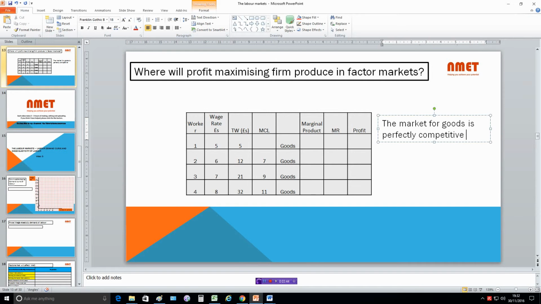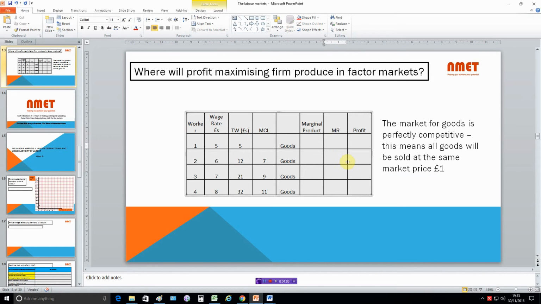What does this mean? It means the demand curve will be horizontal, for the commodities, not for the labor. So all goods will be sold at the same market price. Let's say the market price for this commodity is £1, so marginal revenue would be £1.